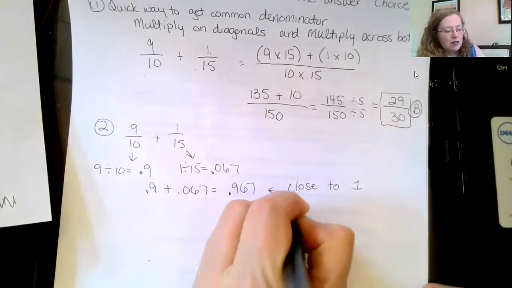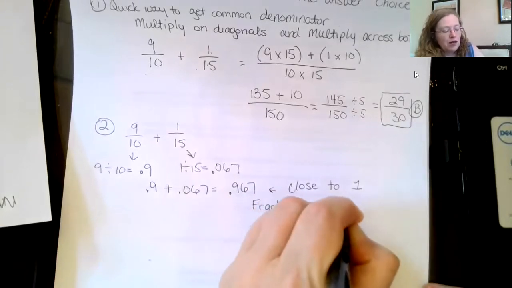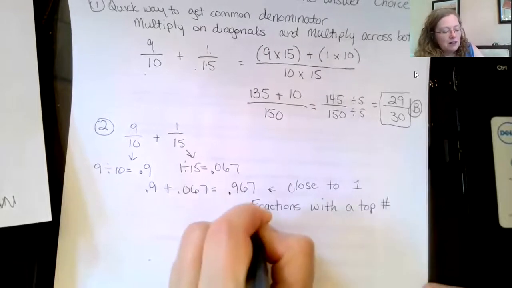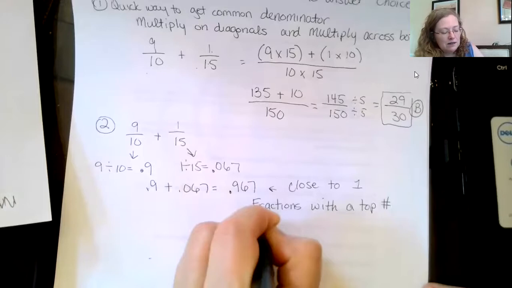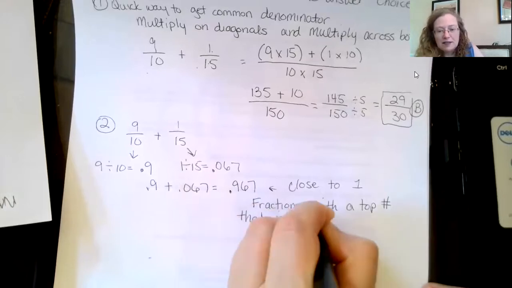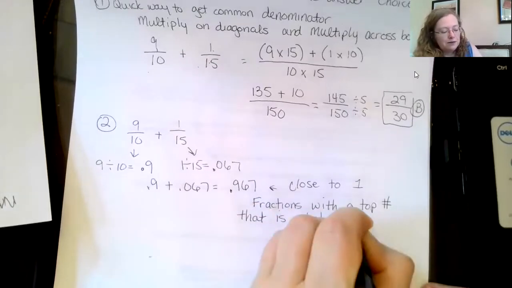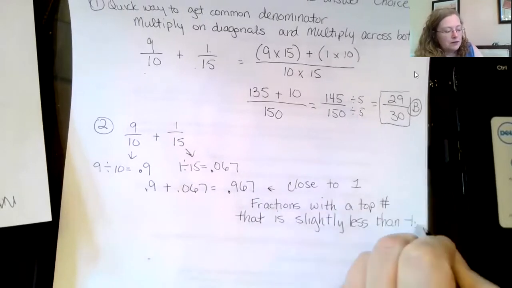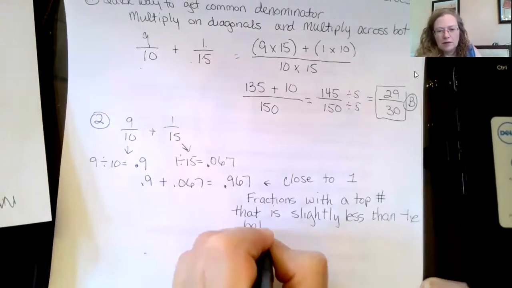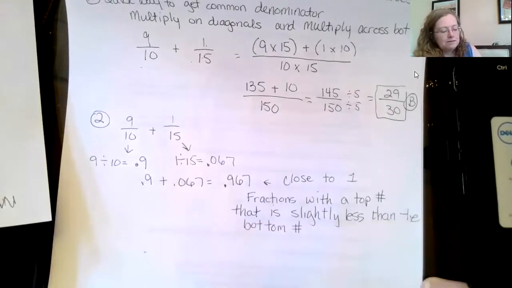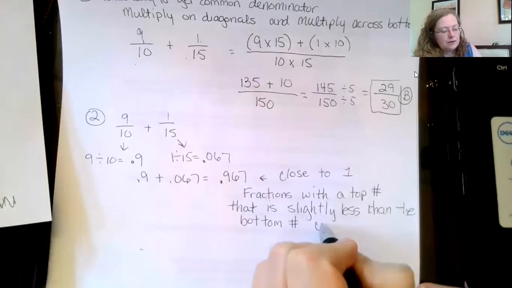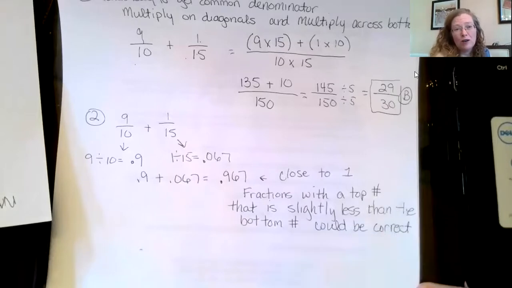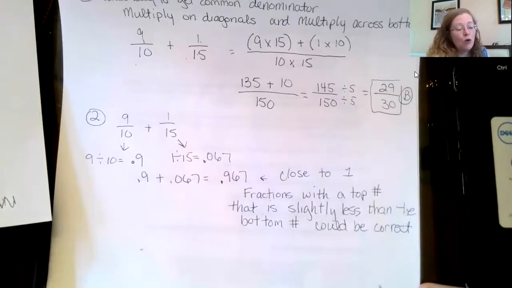Fractions with a top number that is slightly less than the bottom number could be correct. So it could be something like 5/6 or 7/8 or 29/30.